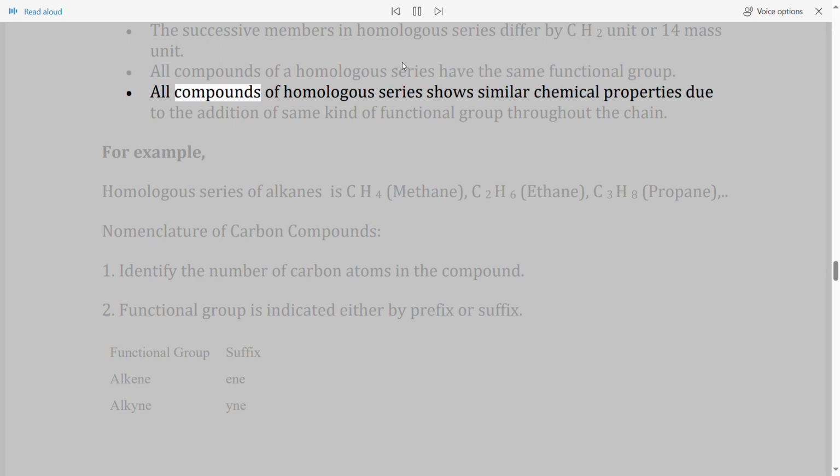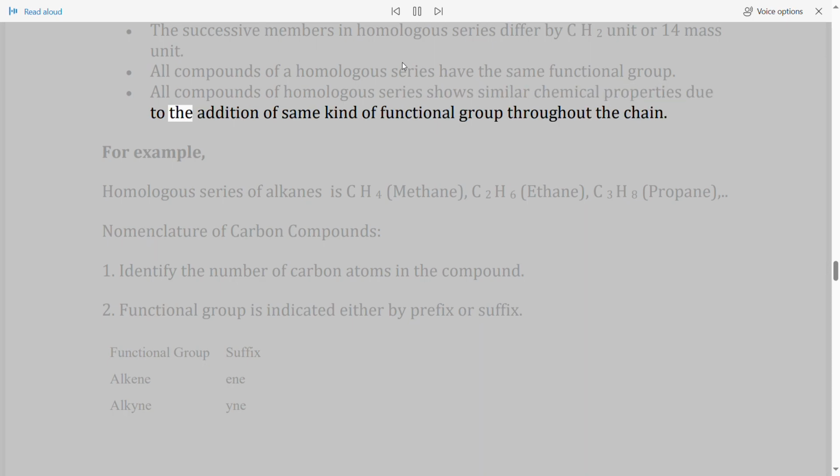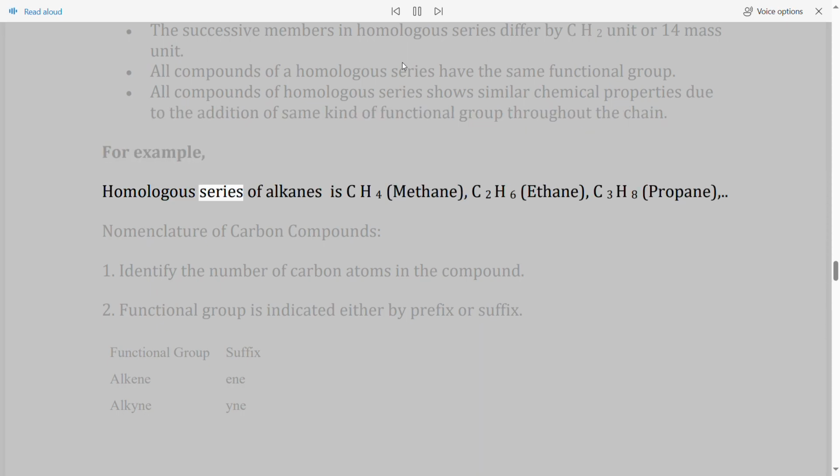Three, all compounds of a homologous series show similar chemical properties due to the addition of the same kind of functional group throughout the chain. For example, the homologous series of alkanes is CH4, methane, C2H6, ethane, C3H8, propane, and so on.